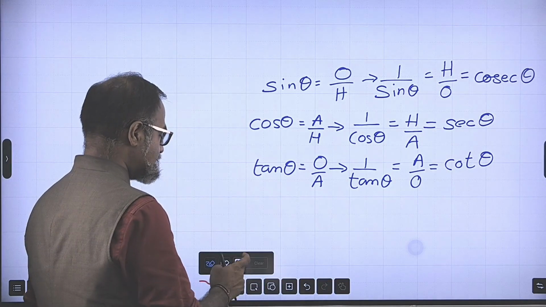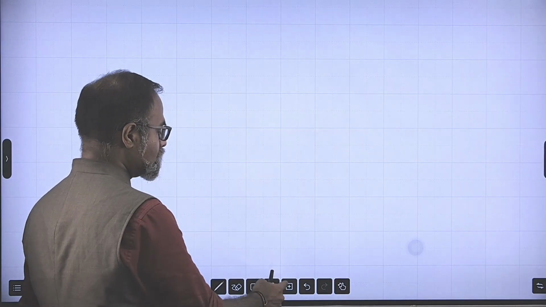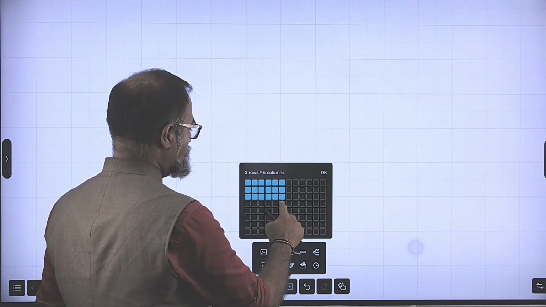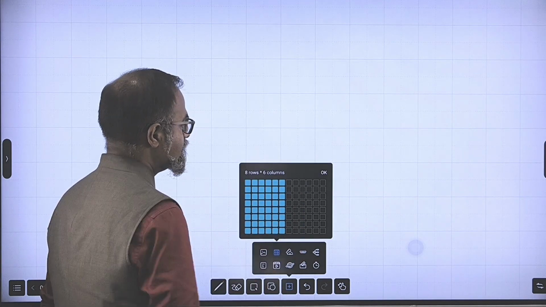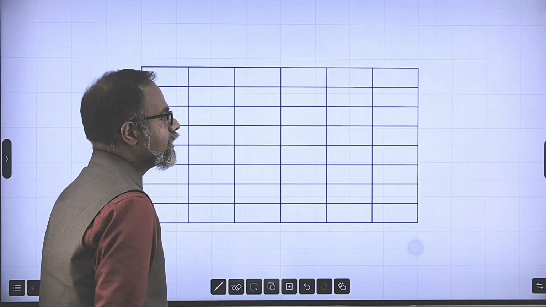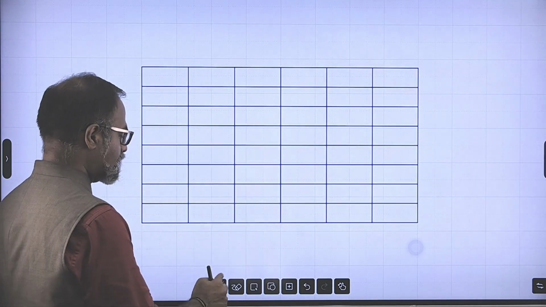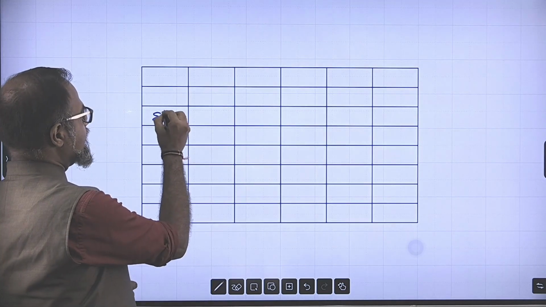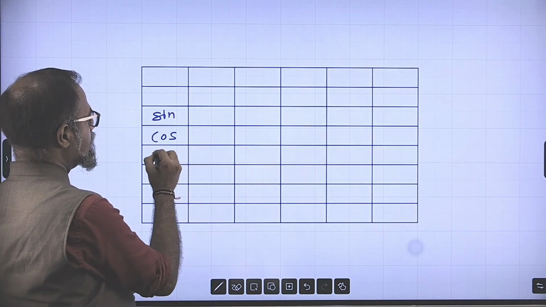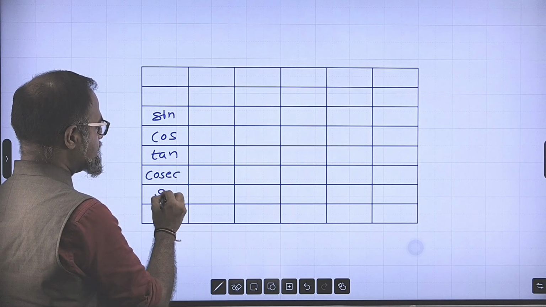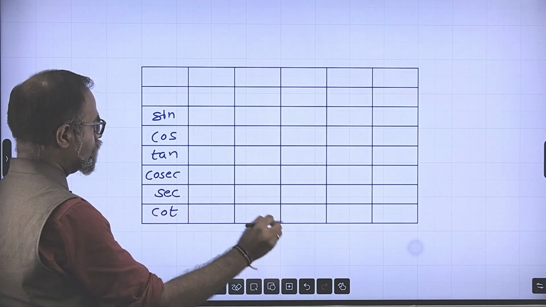Well, let's understand how we can use a trick to create this table. So what we are going to do is we are going to have specific values for which we are going to understand how to put in the values of sine, cos, tan, cosec, sec, and cot.